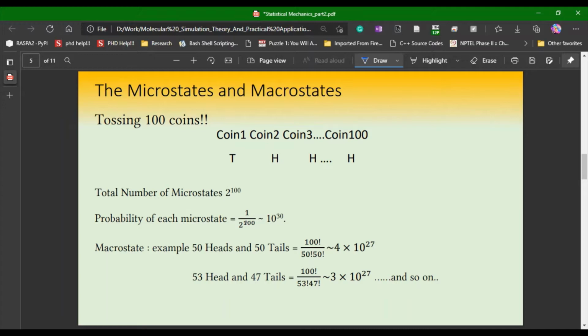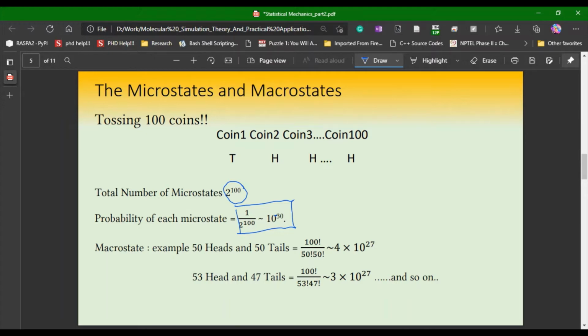So there are 2 raised to the power 100 outcomes, and all these outcomes are the microstates of the system. The probability of each microstate is equal, and it is given by 1 over 2 raised to the power 100, which is about 10 raised to the power minus 30. So this is the probability of each of the microstates of the system.